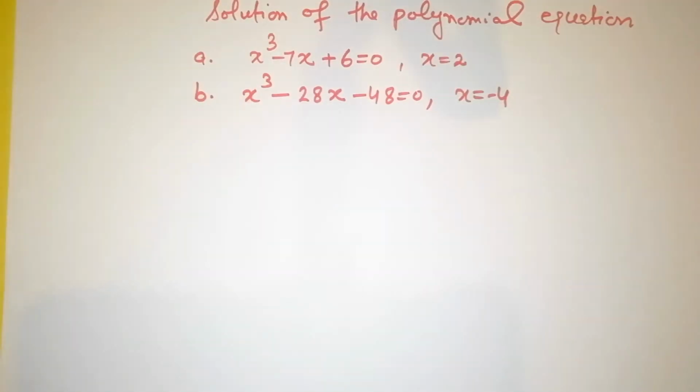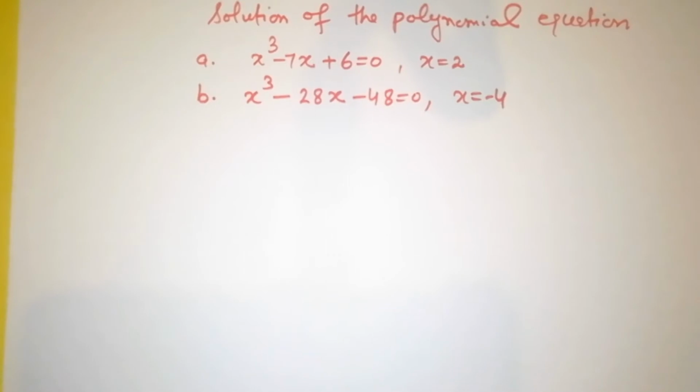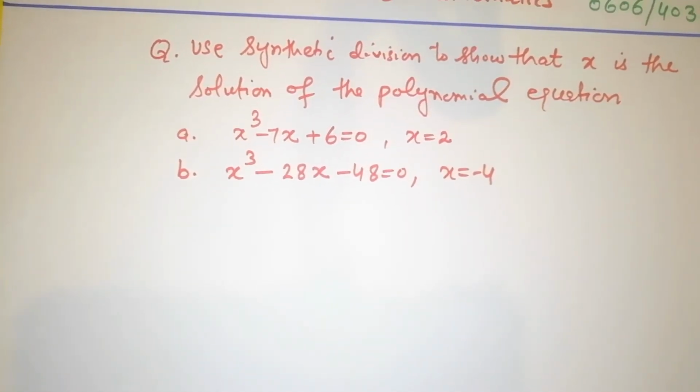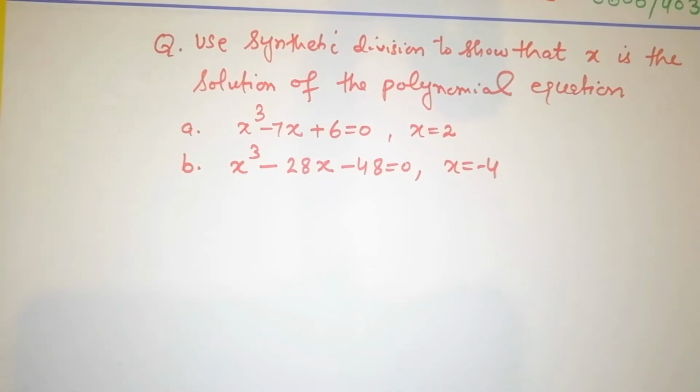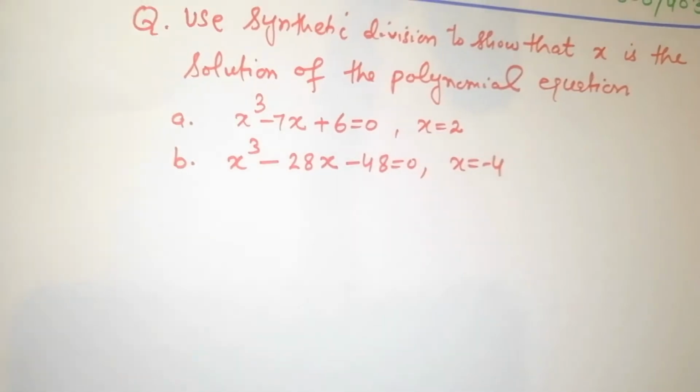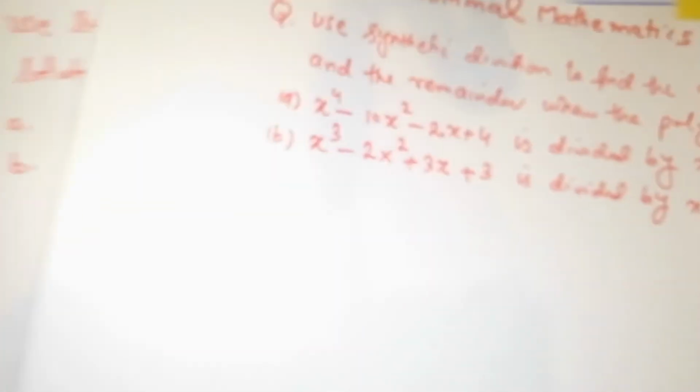This method of synthetic division we shall apply. So here you see students, there is a question. I will solve this question after. First I want to solve this question.